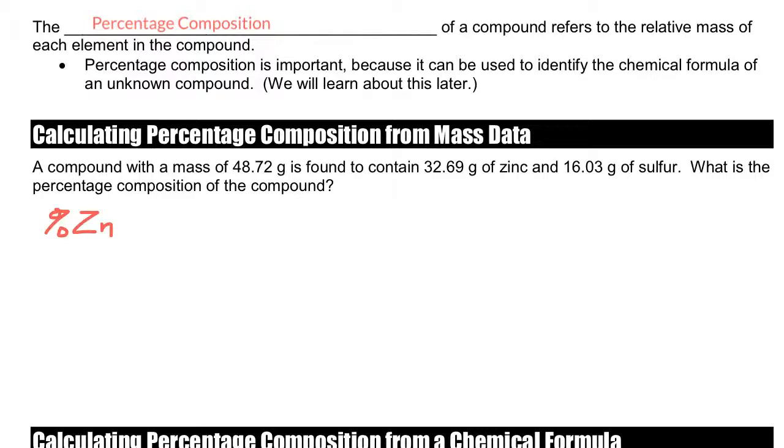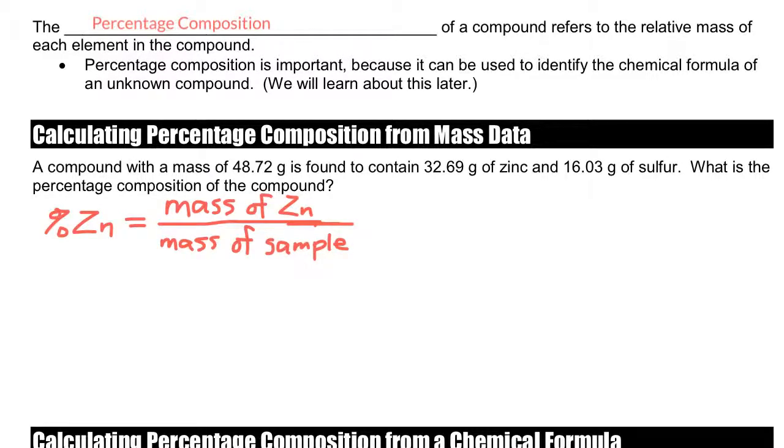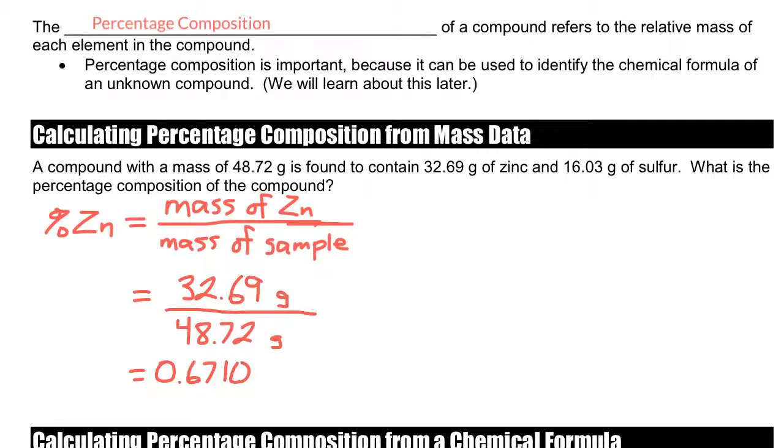To calculate the percent zinc in that compound, I'm going to find the ratio of the mass of zinc to the mass of the entire sample. So I can plug in my numbers, do my calculation, and determine my percent. I would say this compound is 67.10% zinc.